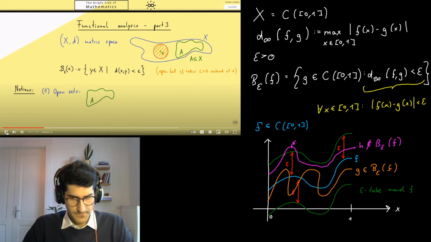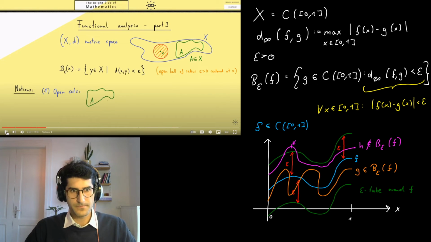Now descriptively, openness should mean that if you are inside a set A, you should never see the boundary of the set. In other words, if you fix an arbitrary point x of the set A, there should be enough points in all directions around this point that also belong to the set A.